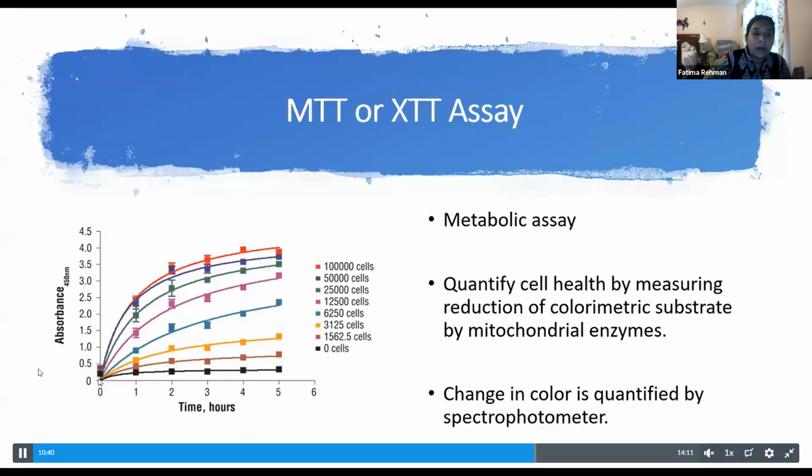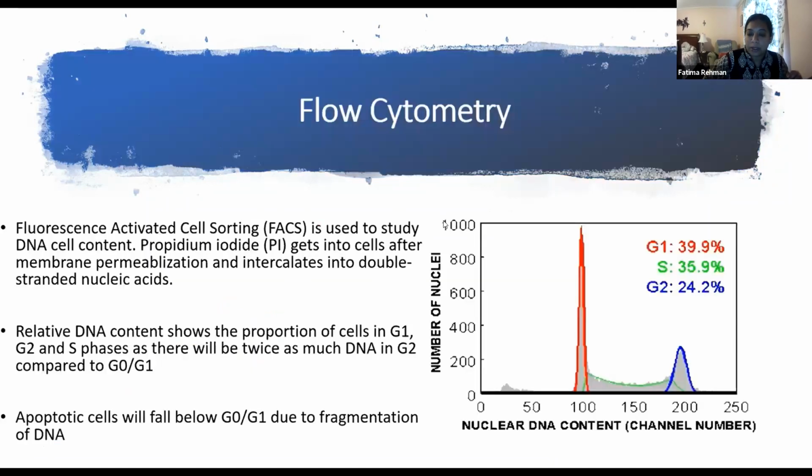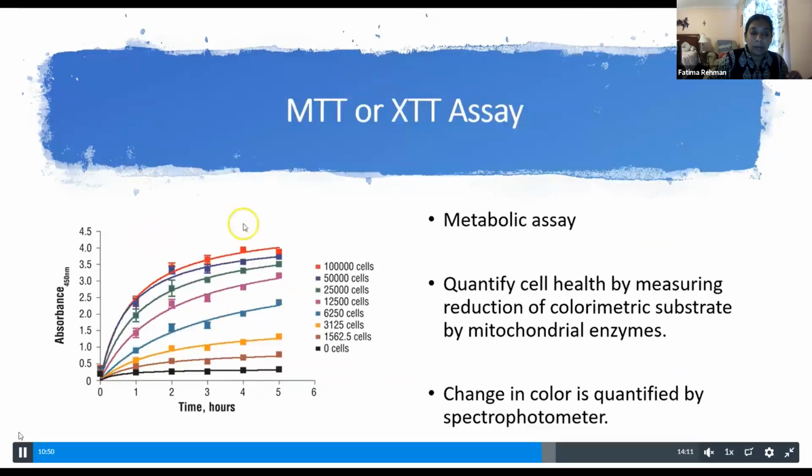So here you're seeing, in this case, they have plated different numbers of cells at the beginning time point, and they're looking at their metabolic activity over time. And what you're seeing on the y-axis is the absorbance at 450, which is indicative of that activity. The higher the absorbance, the more metabolically active cells are.